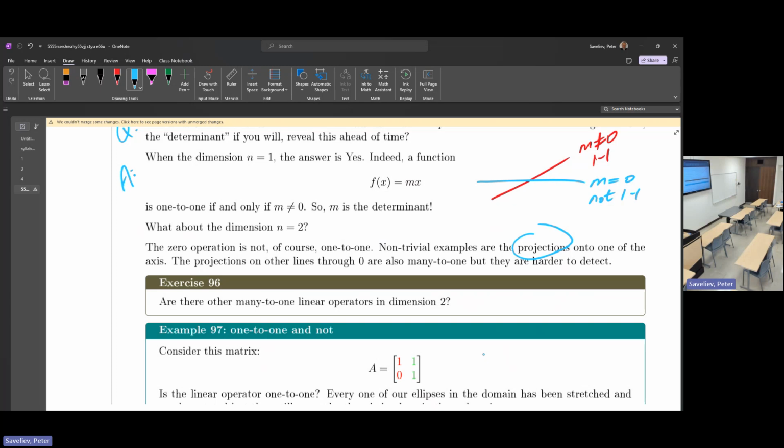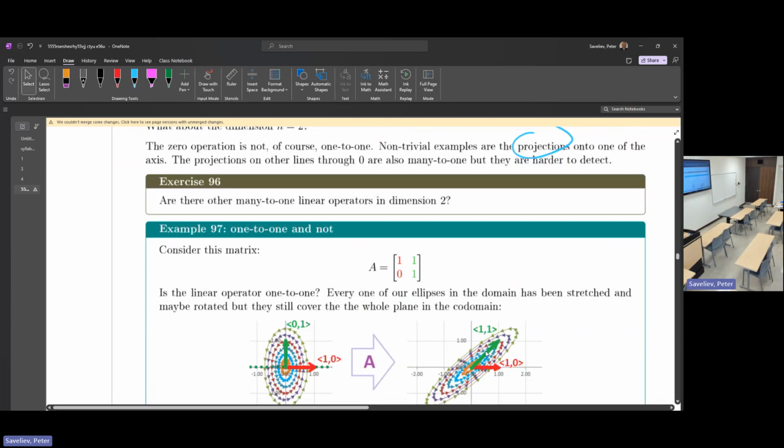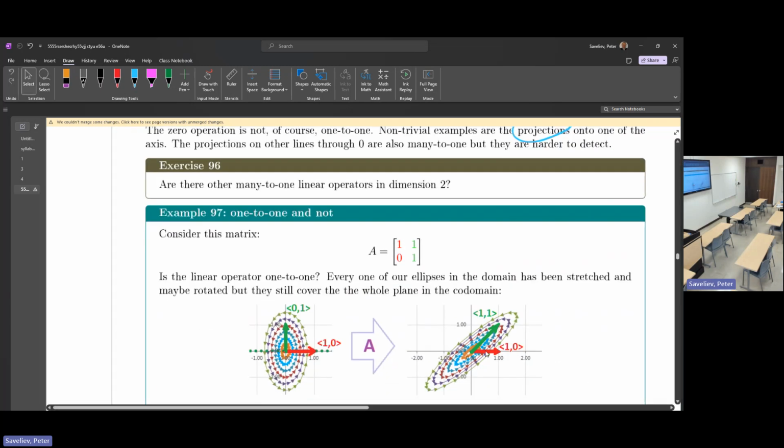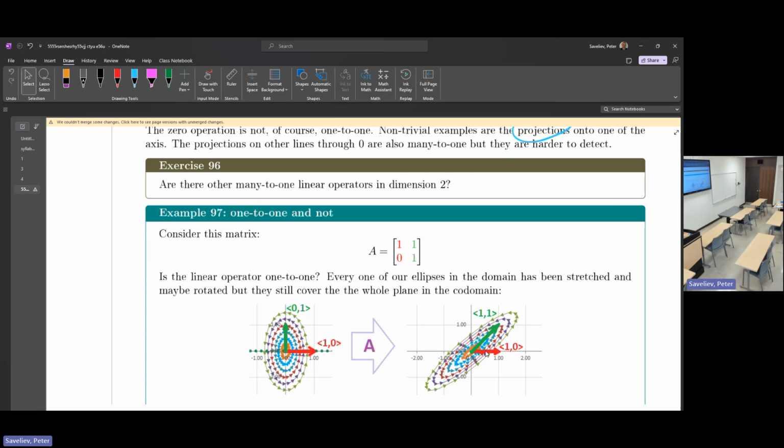One-to-one. So is it one-to-one or not? The experimentation usually indicates whether or not you have one-to-one or onto. If these ellipses, whatever happens to them, still look like ellipses, even though all distorted, nonetheless, we know that the whole plane was covered with those ellipses on the left, and the new ellipses on the right are covering the new plane. So that's what one-to-one means.